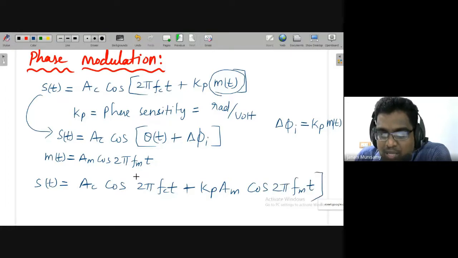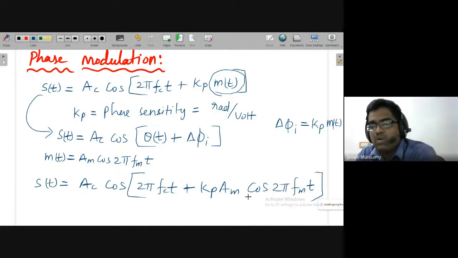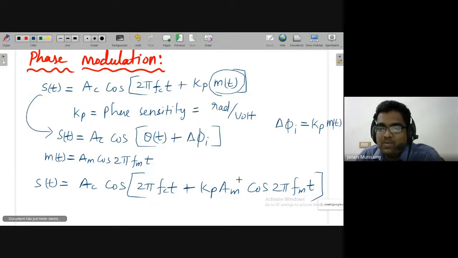So in the exam, how to differentiate this? Even the FM system starts like this, AC cos 2 pi fct, but inside the FM, finally, instead of cos, you will have sine. But here you will have only cos, because here there is no integration. So you have to remember this.